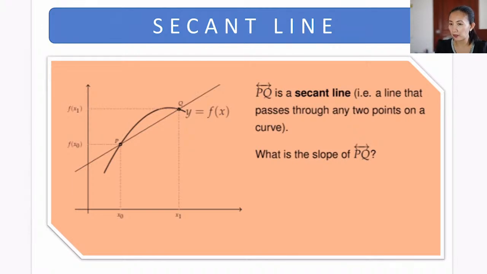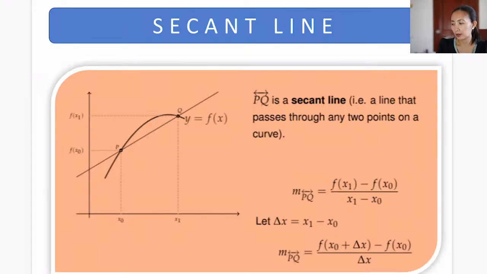What is the slope of line PQ, or the secant line PQ? Once again, this point has the coordinates x naught, f of x naught, and this point has the coordinates x sub 1, f of x sub 1. Question is, what's the slope of PQ?